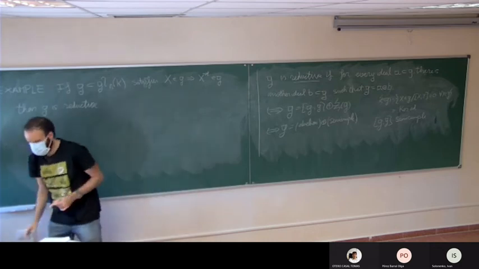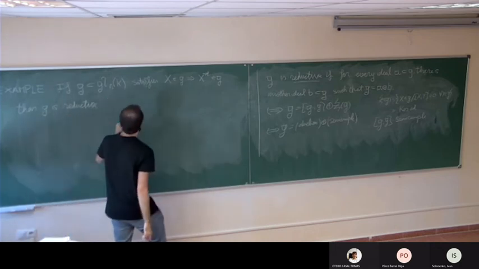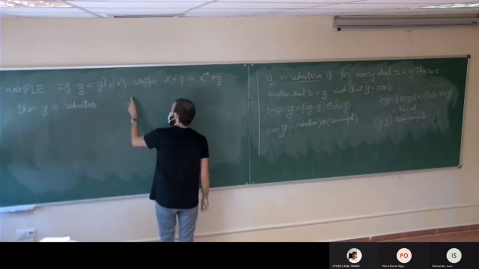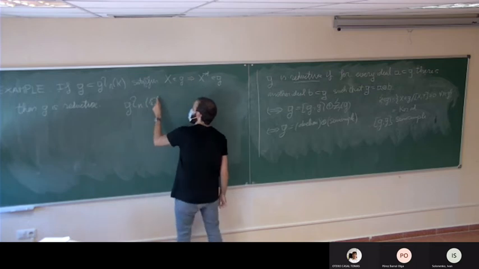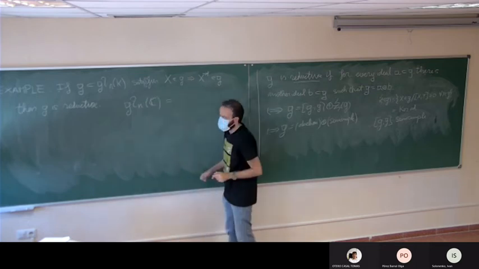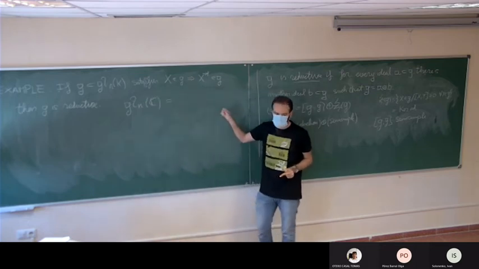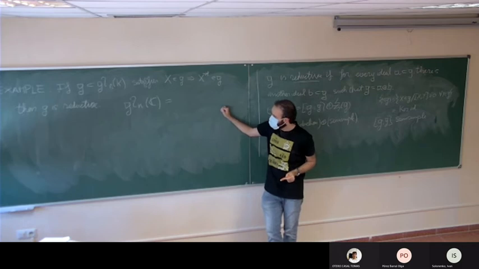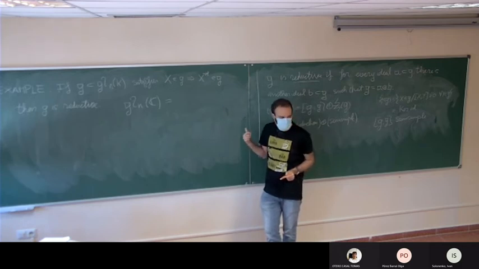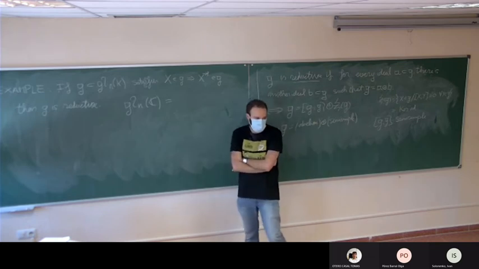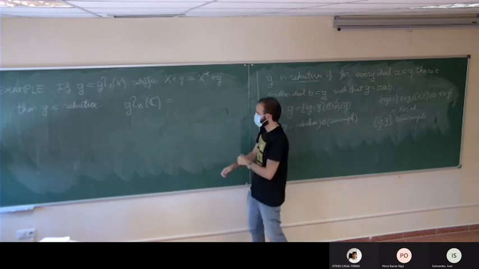So, a very trivial example: gl_n(C). This must split as its commutator and its center. Does anybody want to try to tell me which are those parts? Which is the commutator of gl_n(C)? It's sl_n(C).